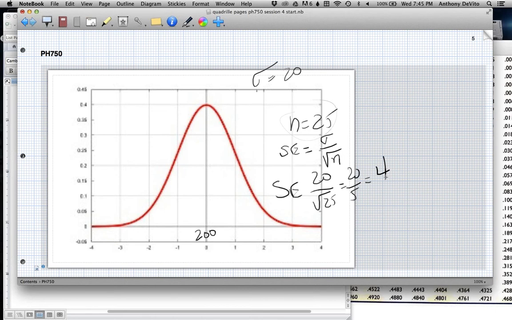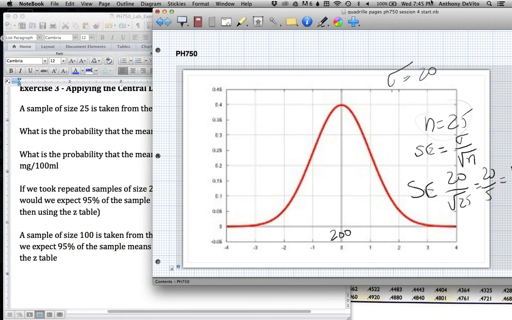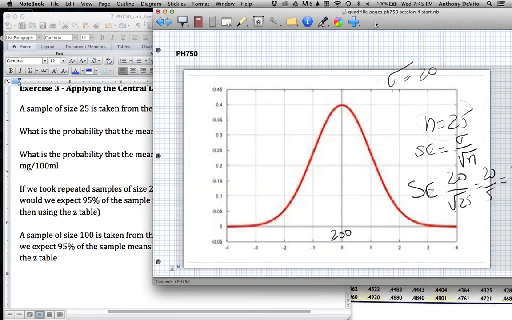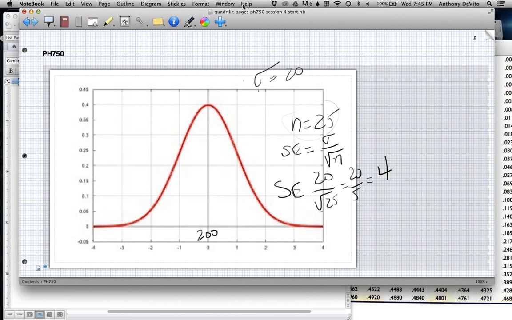So now, if I take repeated samples, they're going to be spread out much less than the actual numbers from the population. So let's see what they ask us. What's the probability that the mean of a sample is larger than 204? If we took a sample of size 25, how is that going to behave?